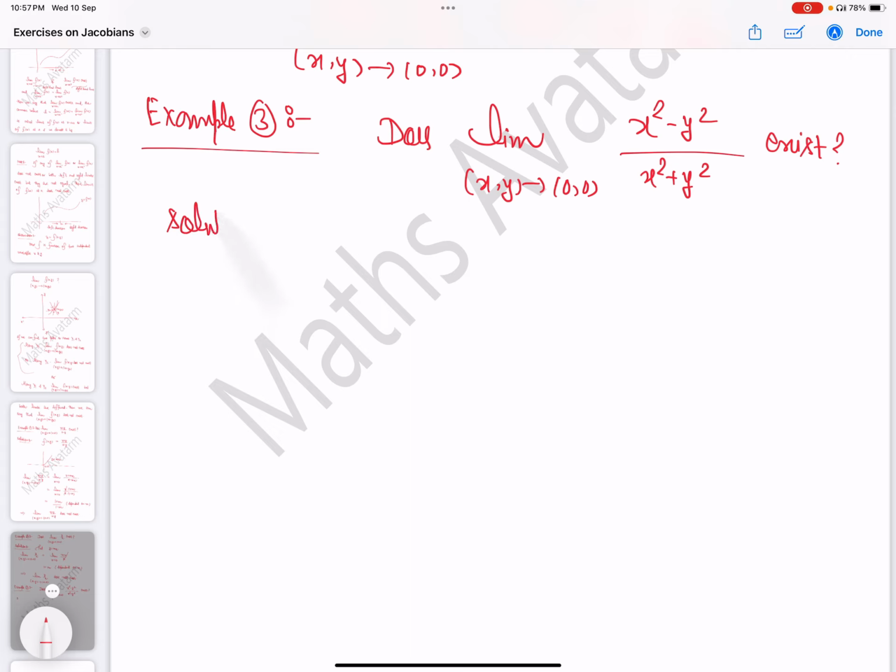Solution. Again take the curve y is equal to mx. If the power is the same in numerator and denominator, then such a limit will not exist. Here the power is 2, it means the numerator degree is 2 and the denominator degree is also 2.